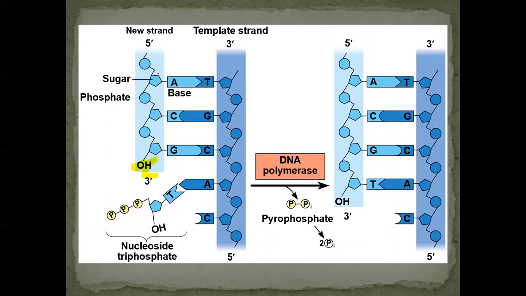This is a much more simplified version, but basically there's my base. This is carbon 1, carbon 2, carbon 3, carbon 4, carbon 5. Each one of these circles represents a phosphate. So you can hopefully be able to identify there's my oxygen. I have carbon 1, carbon 2, carbon 3. Notice I have it highlighted already. This is my 3' end because I have an OH group or a hydroxide that isn't attached to anything.